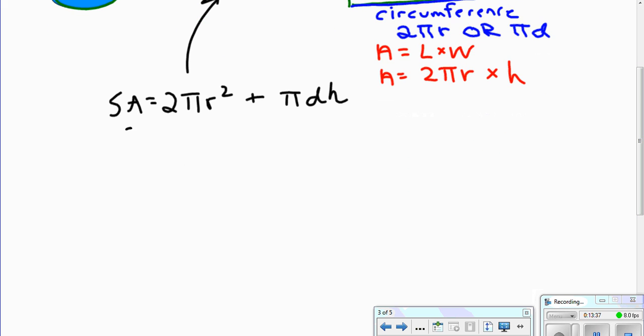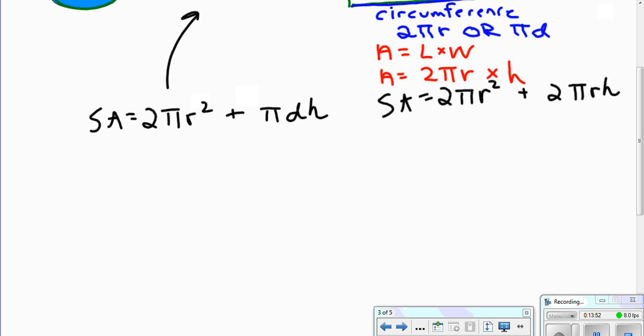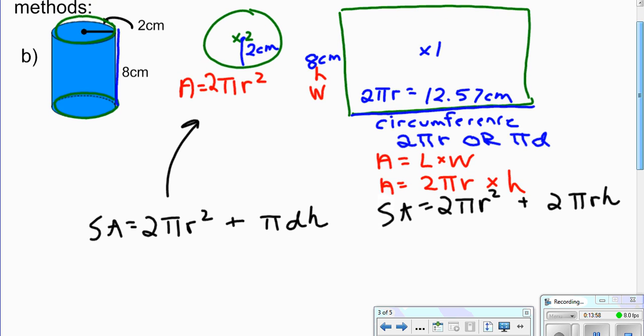Or you might see this one, surface area equals 2 pi r squared plus 2 pi r h. Again, exactly the same thing. I tend to like the first version of this one just because it has diameter in it, and that's nice and easy to use. A little bit less calculation, doesn't really matter to me.